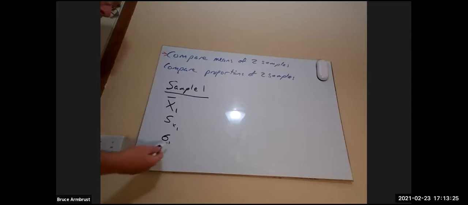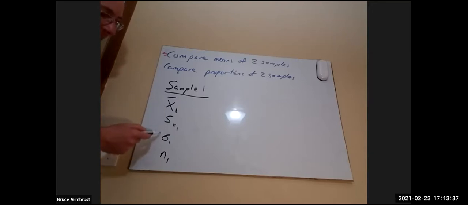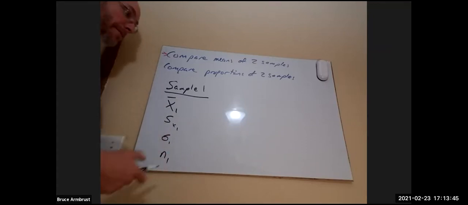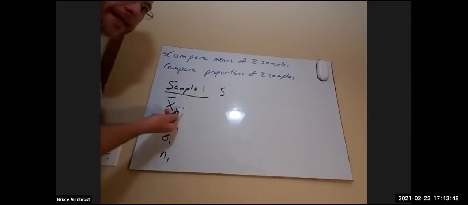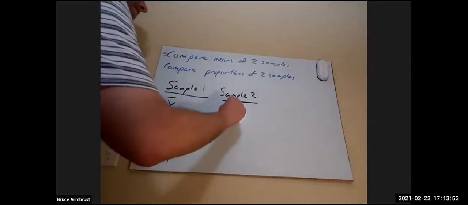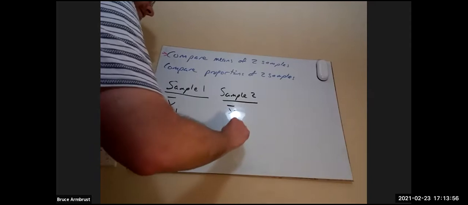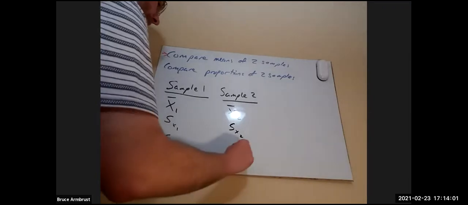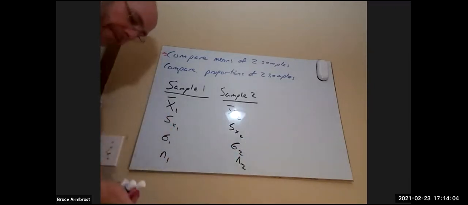We might know a population standard deviation for sample one. We'll definitely know how many we sampled. Notice I'm using the exact same symbols, just putting a little one below them so that we know they're coming from sample number one. So maybe that's the Lake Tahoe students. And then maybe sample number two is my sample from Western Nevada down in Carson, and I'm going to be able to do the same thing.